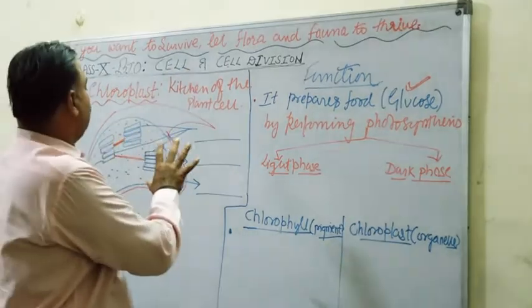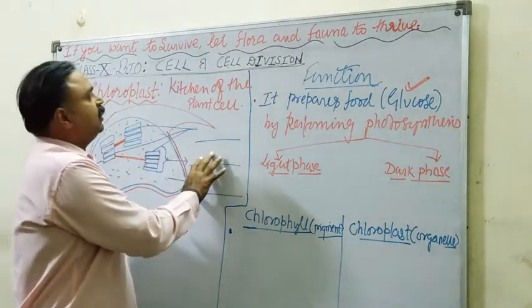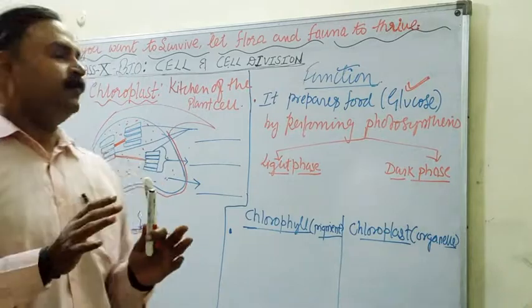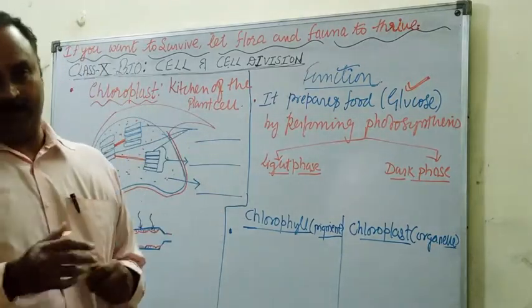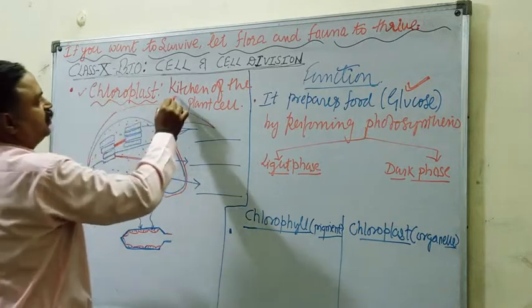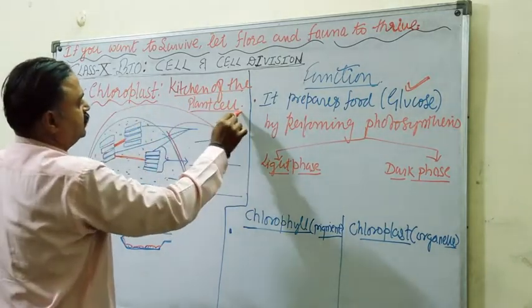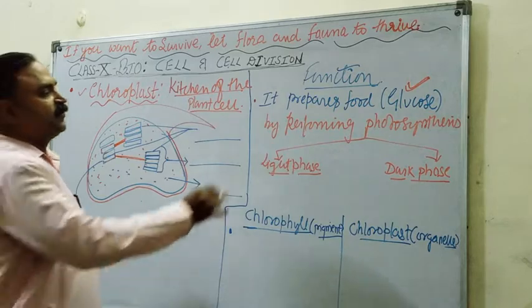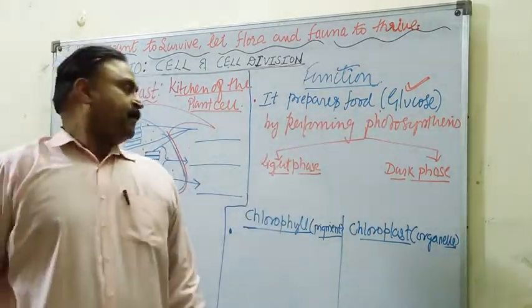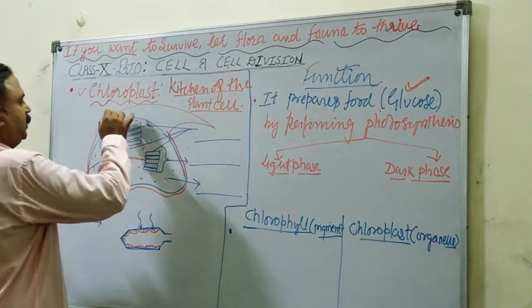So this is an important cell organelle which we study in the cell chapter, and after that we will start cell division. So let us study chloroplast. Chloroplast is called the kitchen of the plant cell because it prepares food in the form of glucose by performing photosynthesis. Isn't it? So let us see the structure in detail.